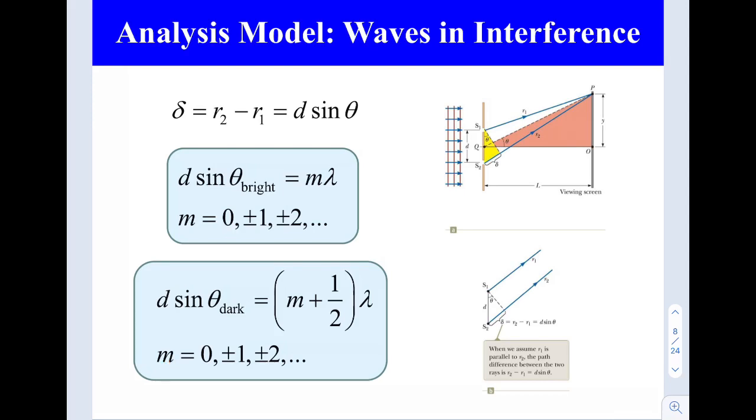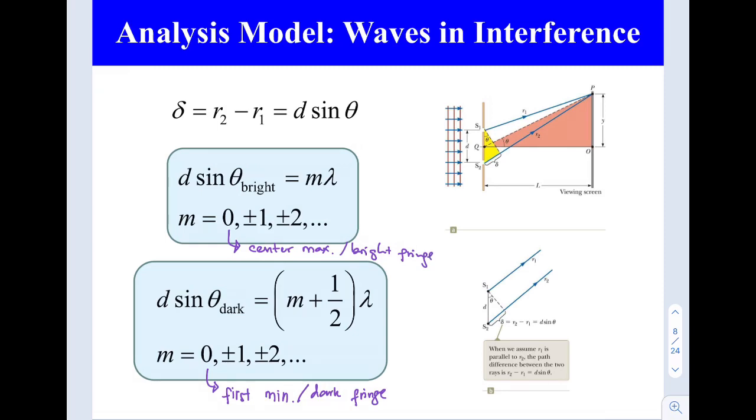But for the dark fringe or destructive interference, when m is equivalent to 0, it is known as the first minimum, or dark fringe.